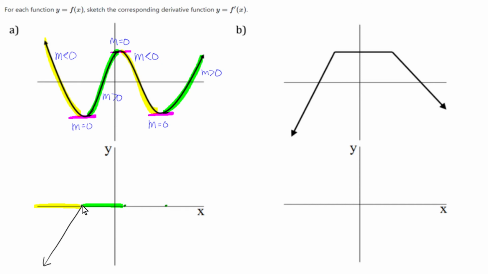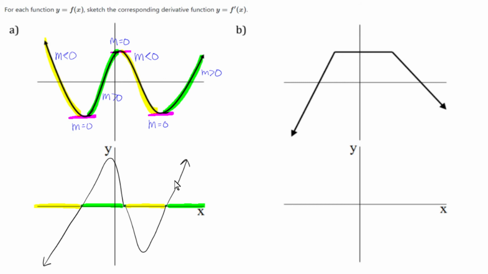So it's going to be going up and back down like that. And from this x-intercept to the next one, here the slope is negative. So it's going to be going down like that and come back like that. And then finally, on the right-hand side of this x-intercept, now the slope is positive again. So the derivative is going to be above the x-axis, like so.